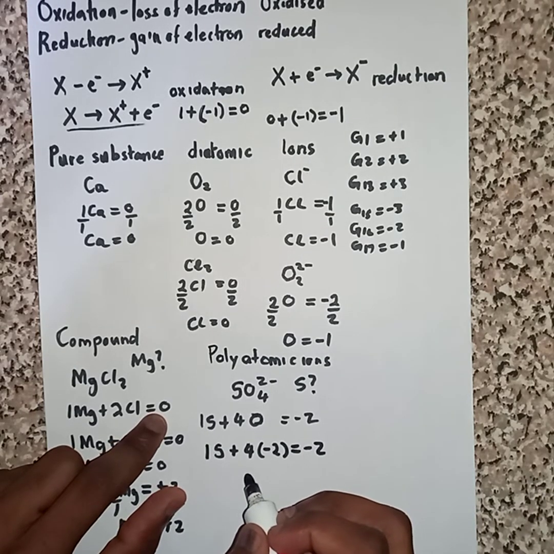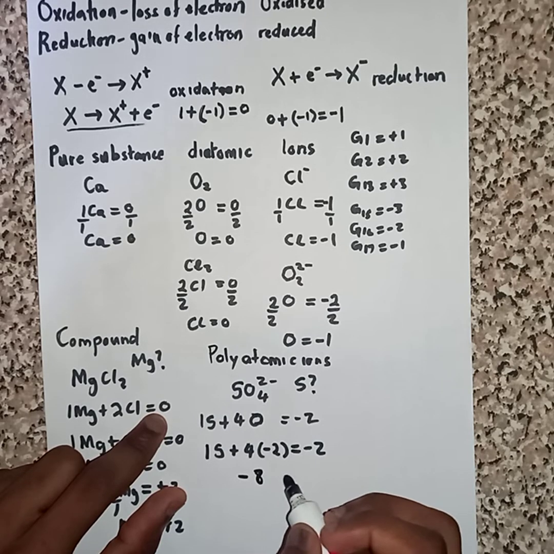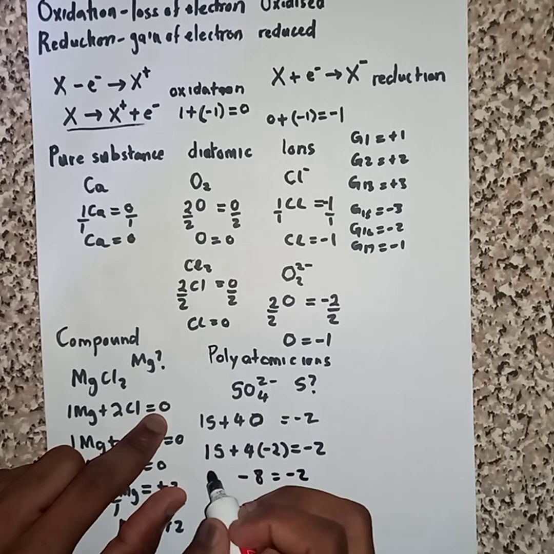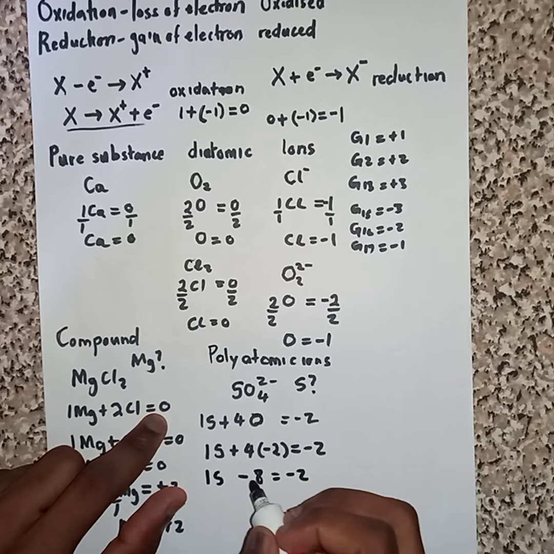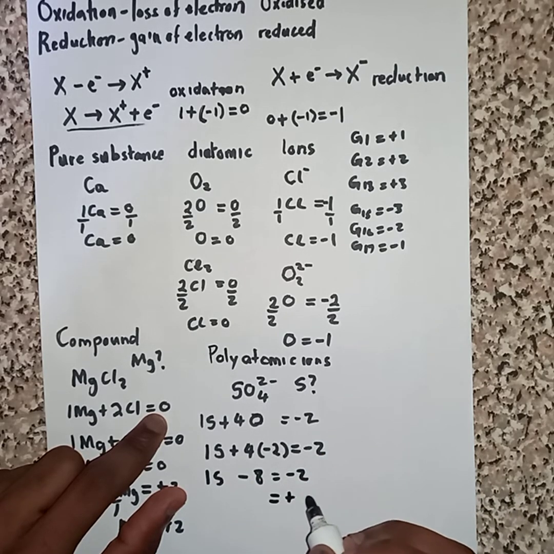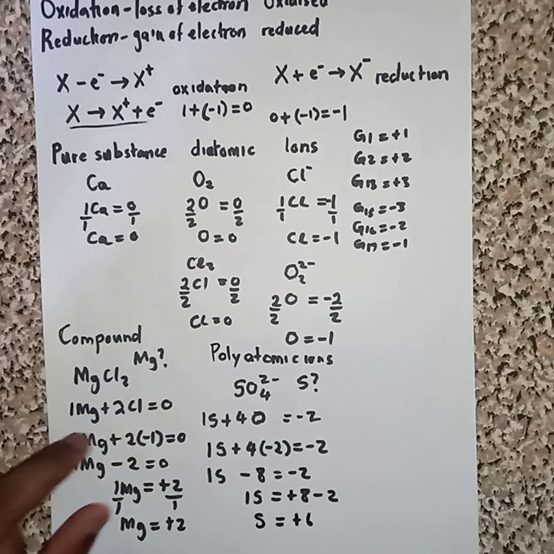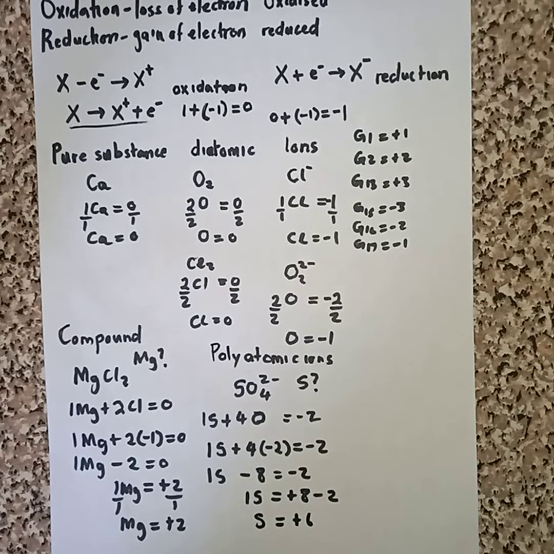You are going to get -8 plus 1 S equals -2. Let us take this to the right-hand side. Then we have +8 -2, which is 1 S. When you solve, you get +6 for S. This is how we do the oxidation.